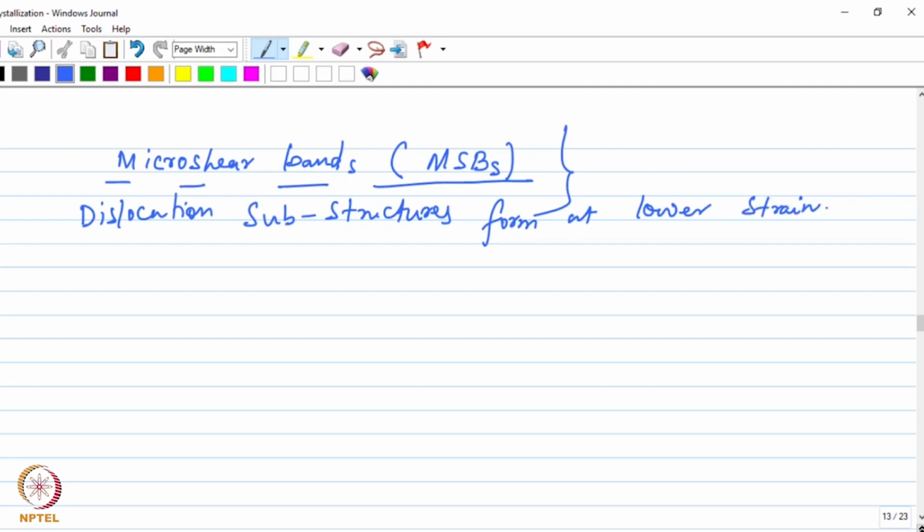So now these dislocation boundaries that you have, for them to be turning into high angle grain boundaries, the misorientation across them has to be increased, right? This is something that we have discussed before also. So as the MSBs form in the next stage, the misorientation increases.